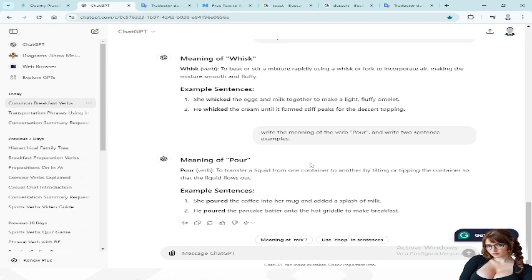To another by tilting or tipping the container so that the liquid flows out.